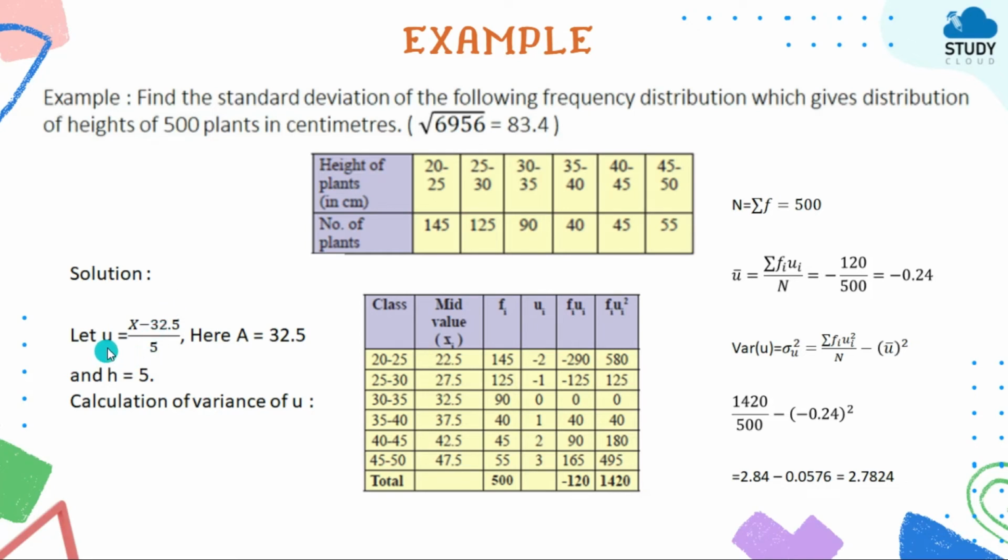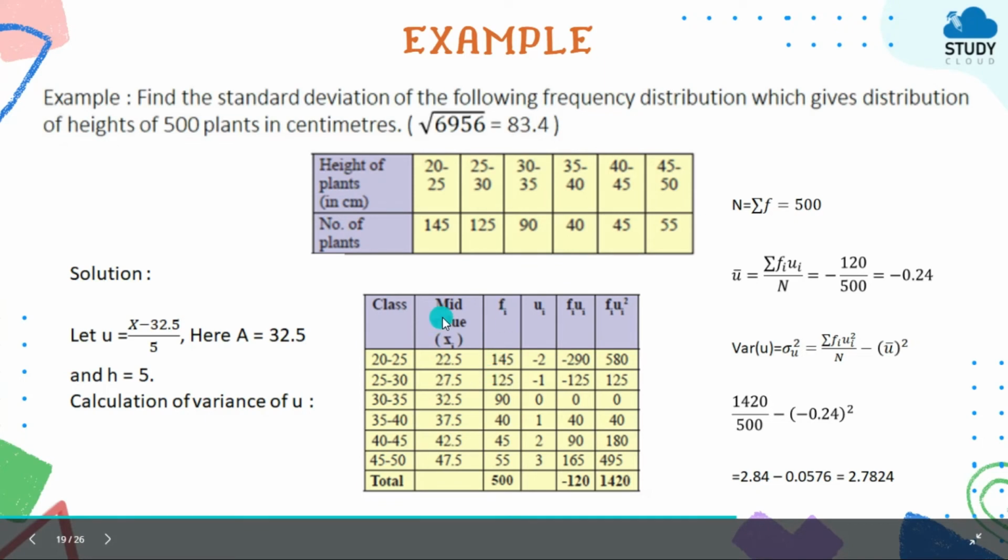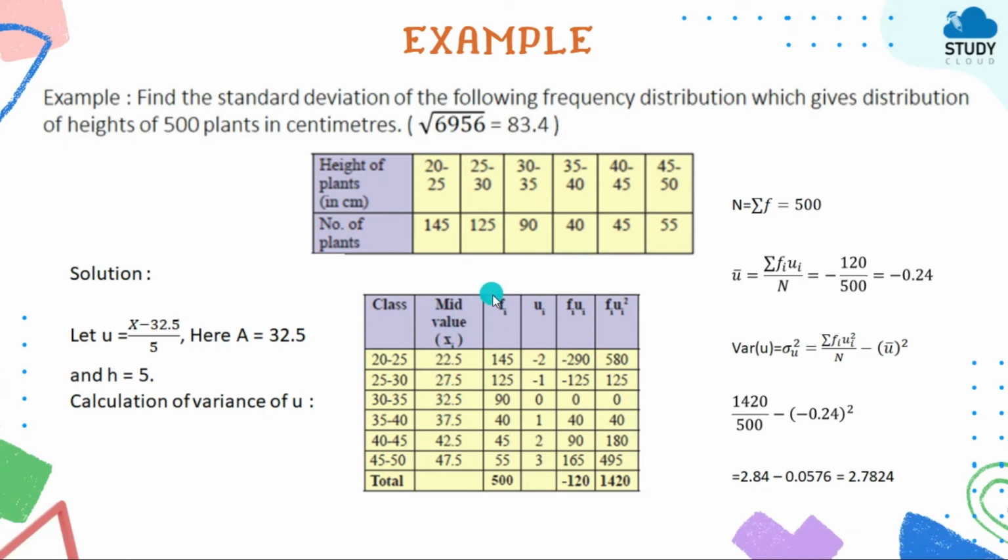The first step is you will find u. How to find that: x minus a upon h. Here x, keep it as it is, minus 32.5 upon 5. H you got as 5 because the difference between all the classes is 5 here. How did you get 32.5? First we have to write all the classes, then write the mid value of x and the frequency.